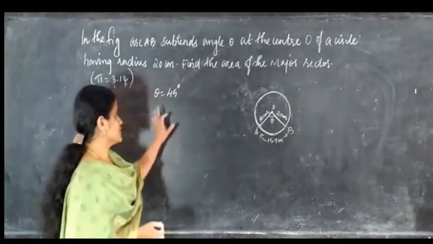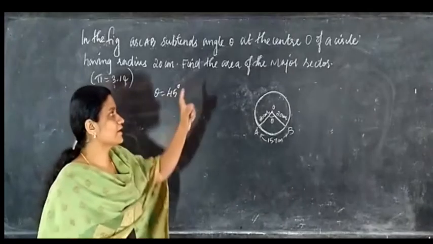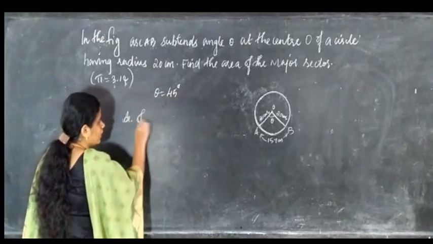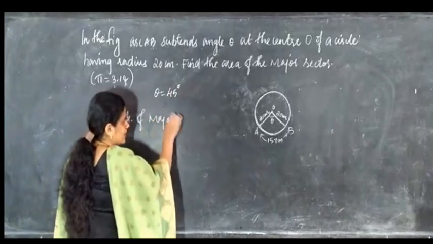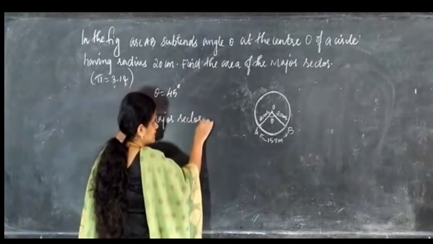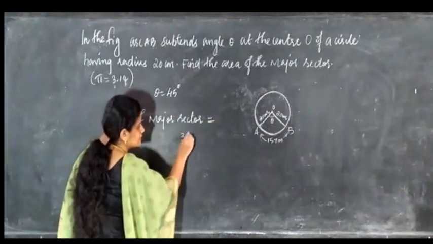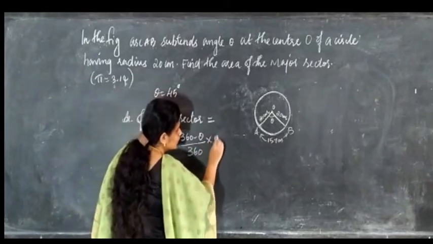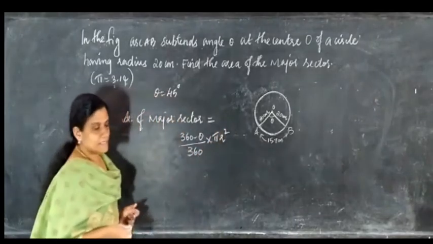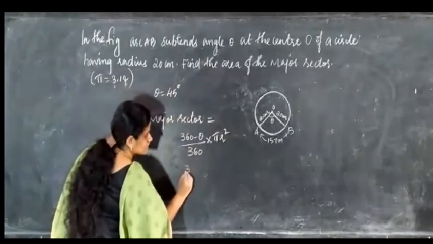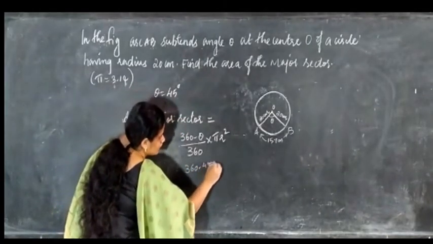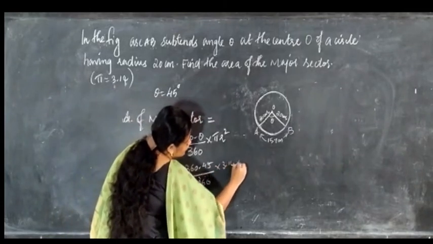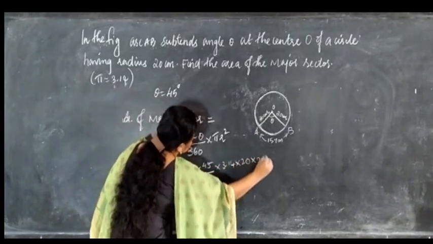Now using this value of theta, you are going to find the area of the major sector. We all know the formula: area of major sector is equal to 360 minus theta by 360 into pi r square. Theta is 45 degree. So 360 minus 45 by 360 into 3.14 into 20 into 20.